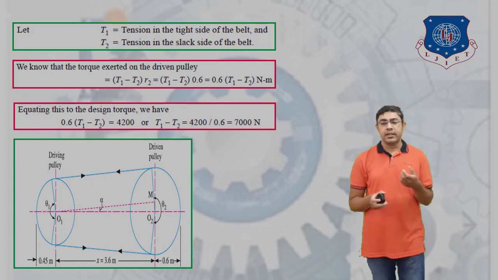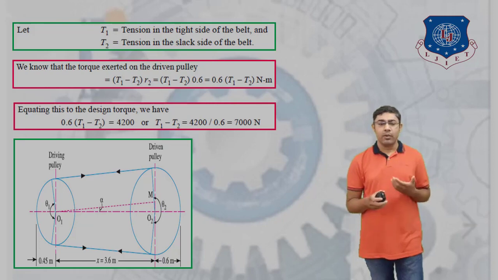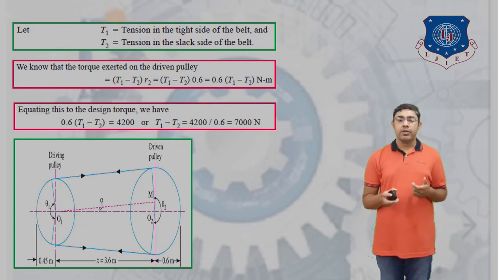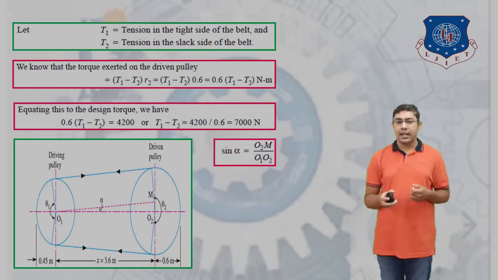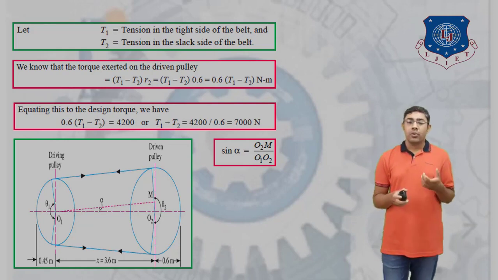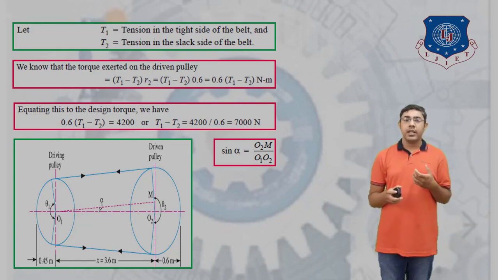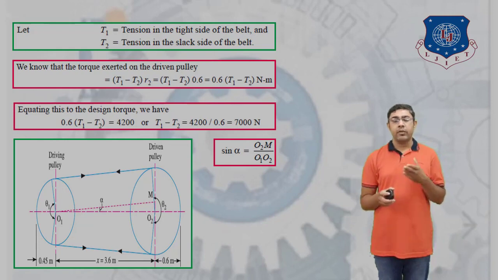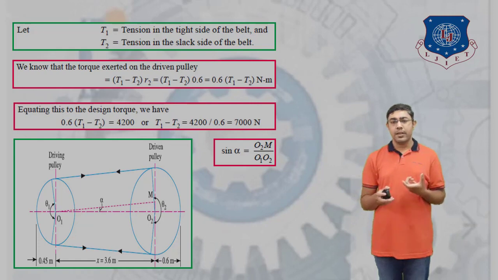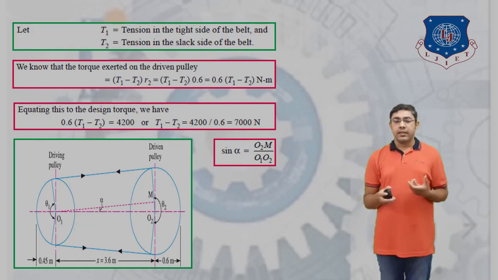To calculate T1 and T2, we also need the value of alpha, and for that we have to consider the configuration given in our problem. From this configuration, we can say that sin alpha is equal to O2M divided by O1O2. O2M is nothing but R2 minus R1, and O1O2 is the distance between the pulleys, which is x.